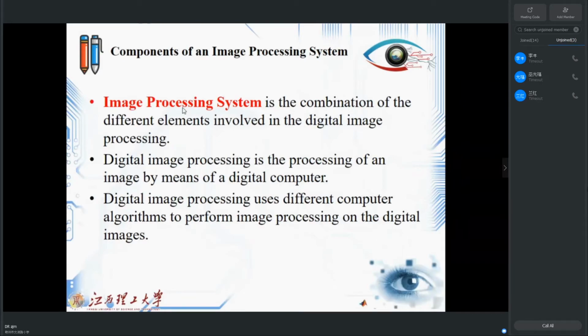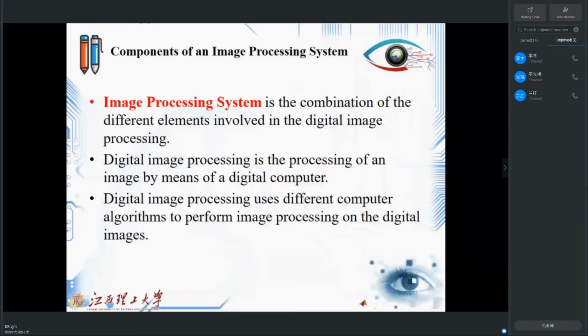Maybe now you will understand why I gave you the previous task of reading about digital image processing algorithms. Here I give you a brief on these components because our whole course is aimed at digital image processing systems.